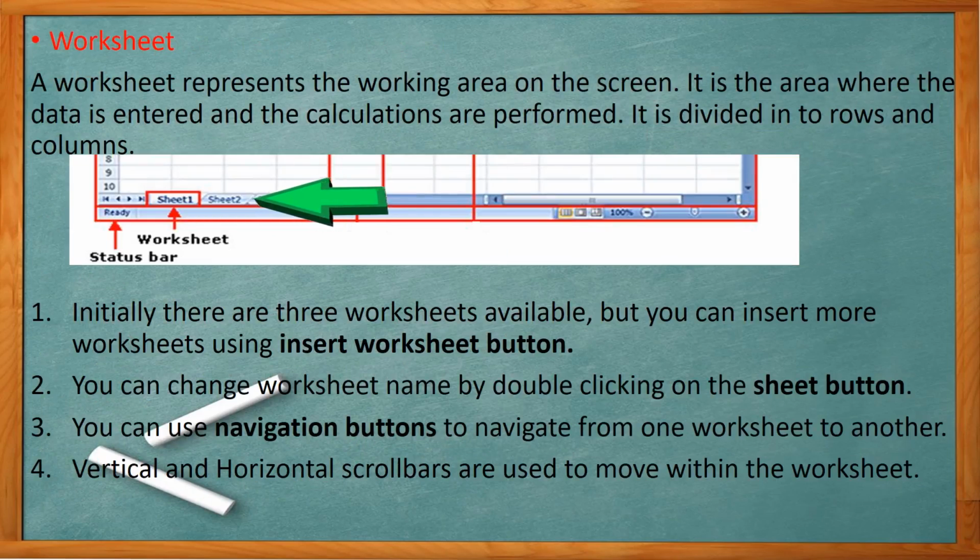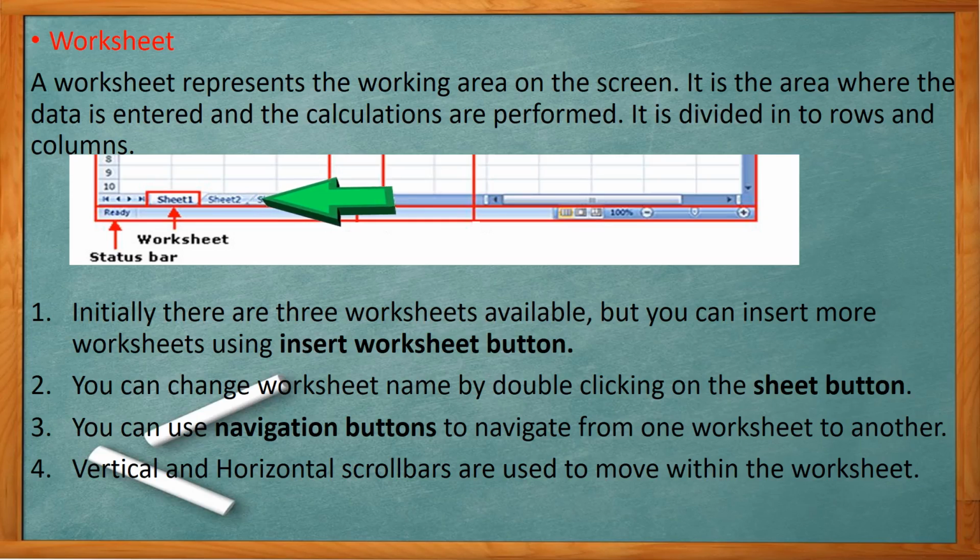Worksheet. A worksheet represents the working area on the screen. It is the area where the data is entered and the calculations are performed. It is divided into rows and columns. Initially, there are 3 worksheets available, but you can insert more worksheets using the Insert Worksheet button.